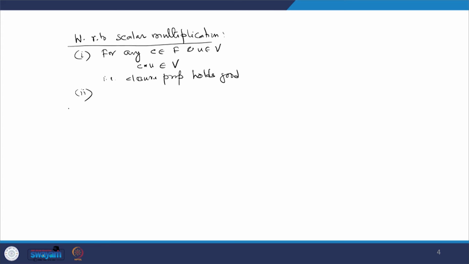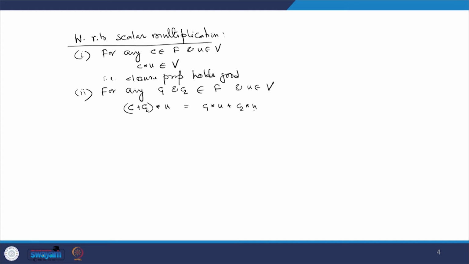Second one: for any C1 and C2 belonging to capital F and u belonging to capital V, (C1 plus C2) star u equals C1 star u plus C2 star u.